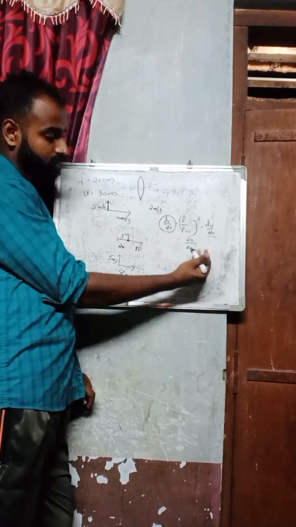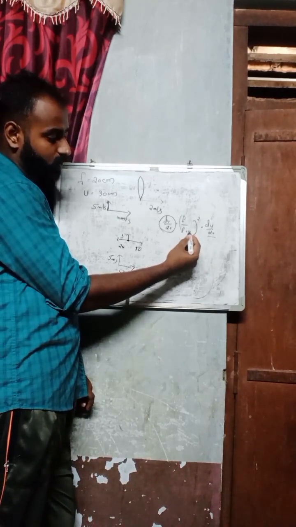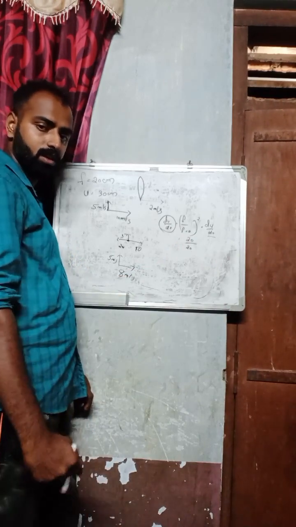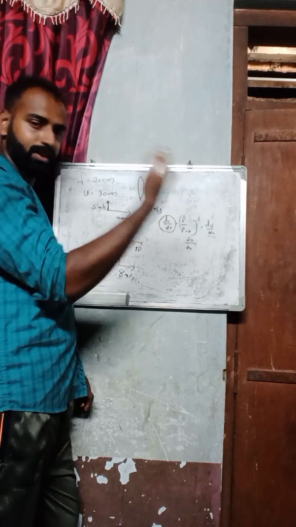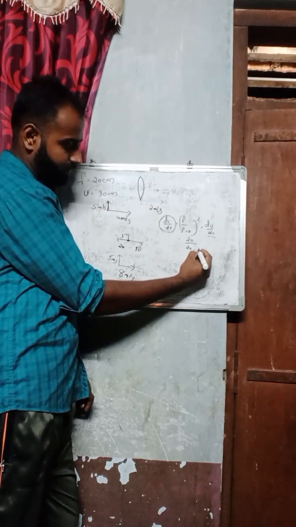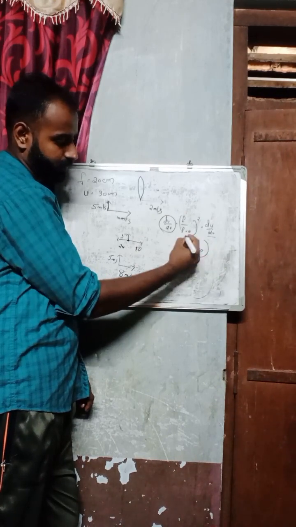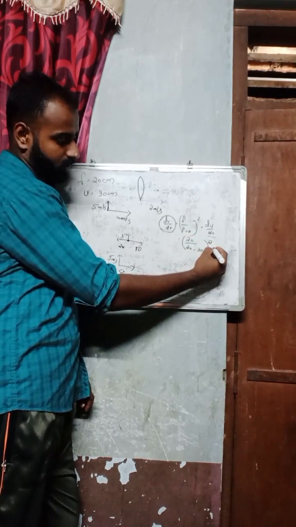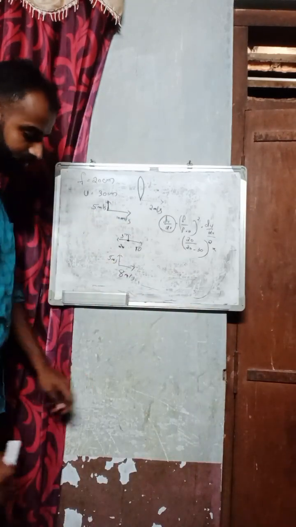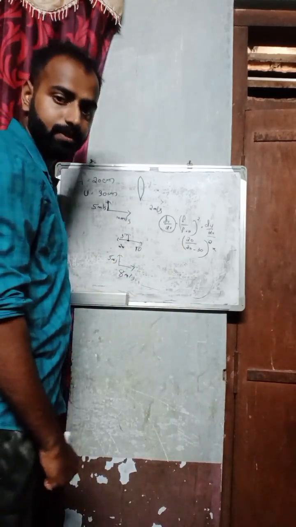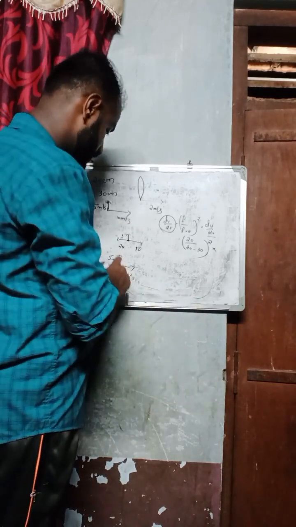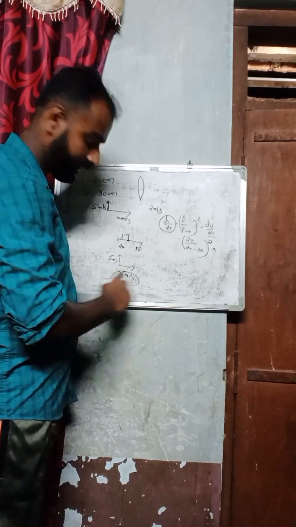What is u? Is u positive or negative? You guys are extra confident. It is negative, so minus 30, the whole square, into du by dt. What is the object velocity? du by dt is our new velocity, 8 meter per second.